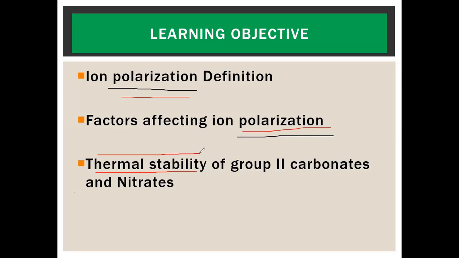More thermally stable compounds decompose at a higher temperature, and less thermally stable compounds decompose comparatively at a lower temperature. This is something which you are carrying from your initial classes, which you studied in O levels and AS as well, right? Okay, beta. Let's move on.